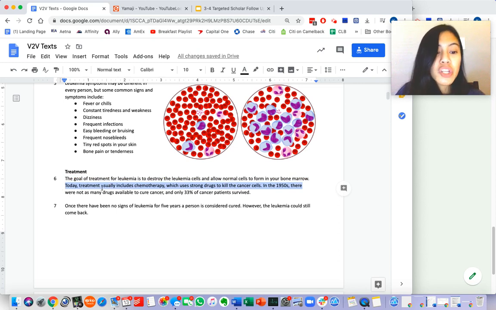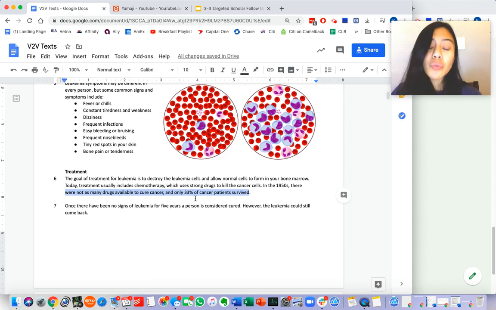Today, treatment usually includes chemotherapy, which uses strong drugs to kill the cancer cells. In the 1950s, there were not as many drugs available to cure cancer, and only 33% of cancer patients survived. That means the other 67%, unfortunately, must have passed away.